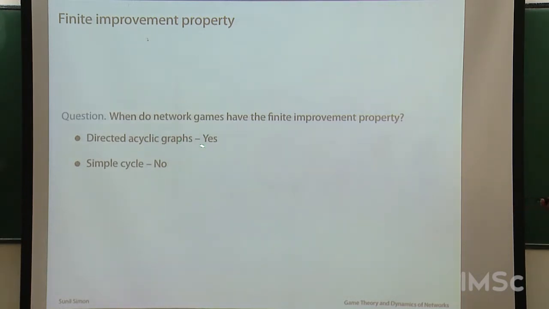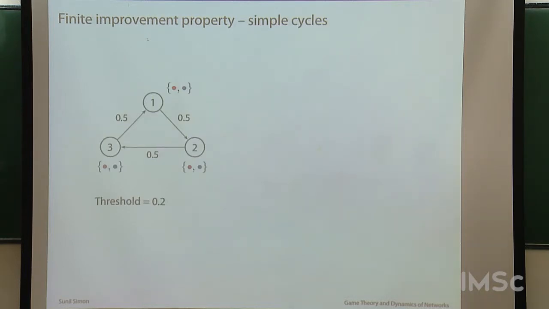Directed acyclic graphs, you won't be surprised, have the finite improvement property because you are simply propagating your product down. Even simple cycles do not have the finite improvement property. This is a bit disheartening, because not even something like a simple cycle has this property. And why doesn't it have this property?